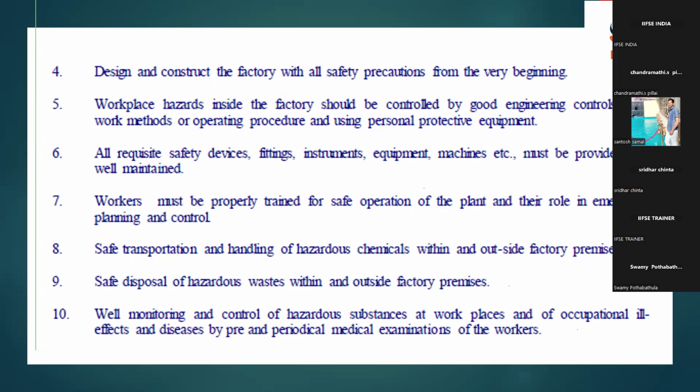For example, if you take a reactor, if the temperature of the chemical goes beyond 70 degrees, immediately the coolant or the chilled line has to activate and supply the water to the jacket so that we can control.